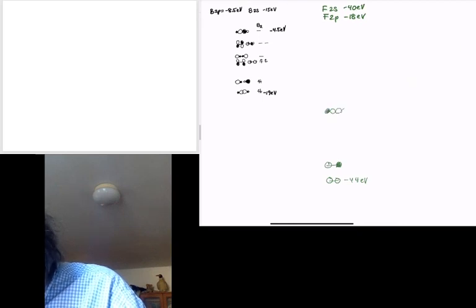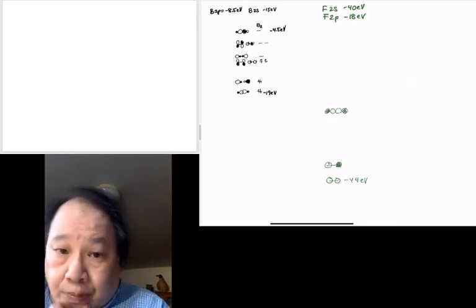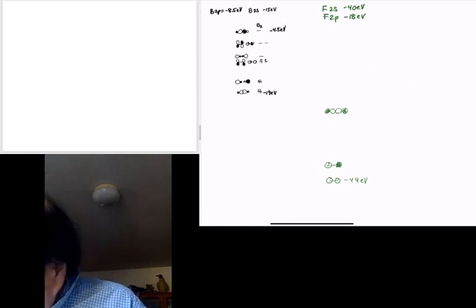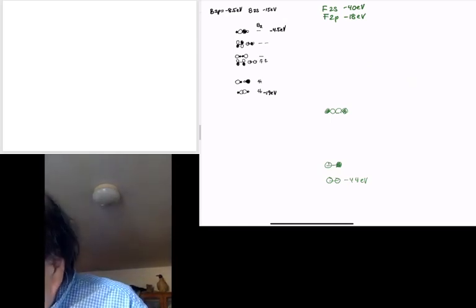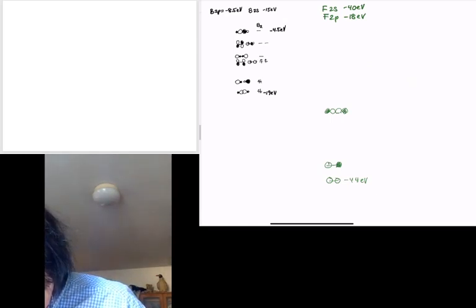Remember that we cannot mix s and p because s and p are 22 eV apart. And we have very weak pi interactions. In fluorine, they're very weak, so I'll put them very close to each other. Bonding and antibonding pi are very close.